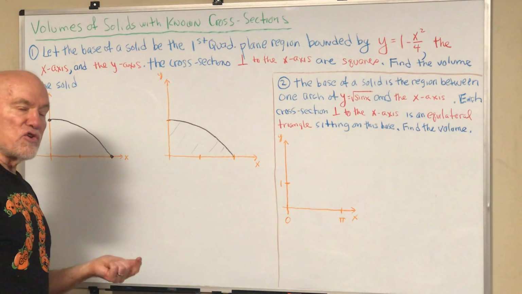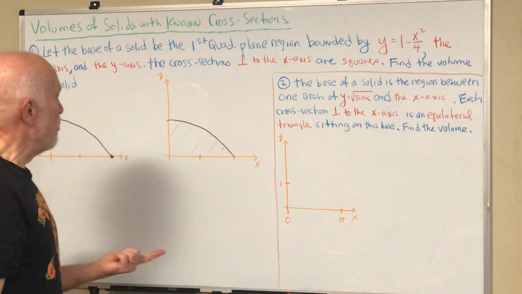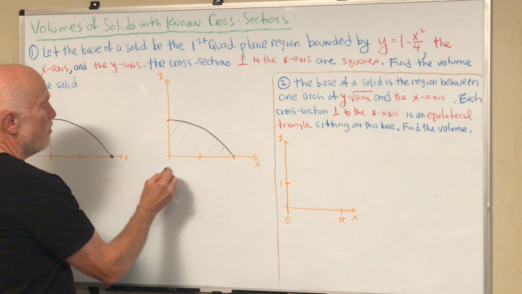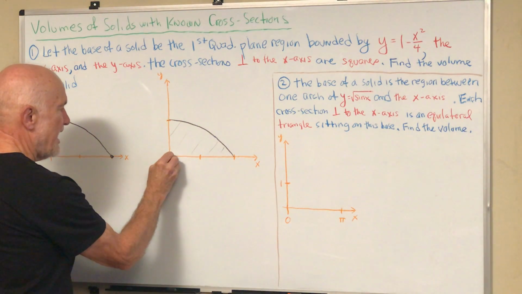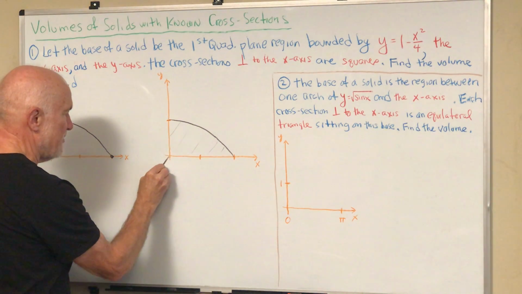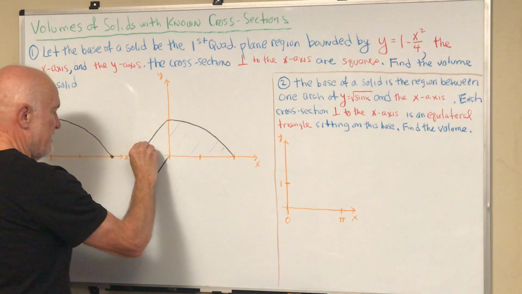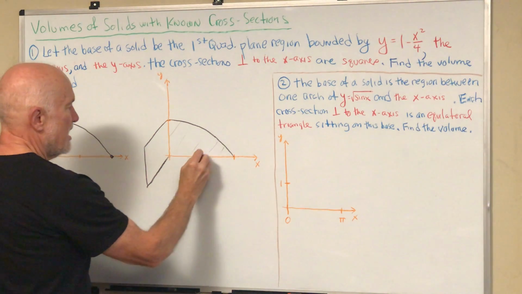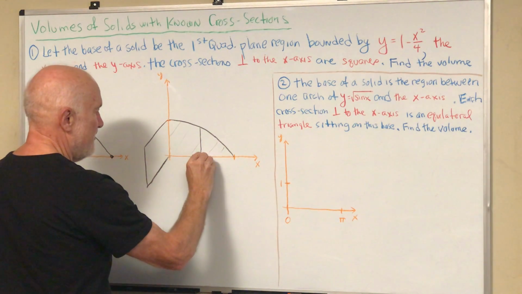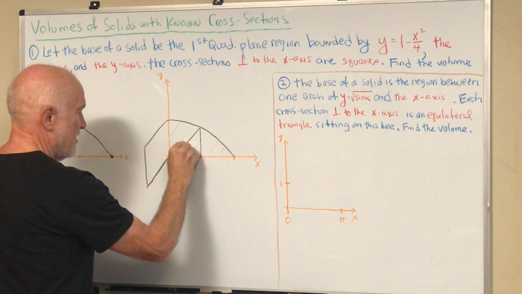To do the math, you don't need to have a picture. In fact, sometimes it gets in your way, but for once I'll try to show you why it might look okay. So if we had a third axis, like the z-axis coming out of here, where this is kind of representing coming out of the board, we're going to have these cross sections that are squares.